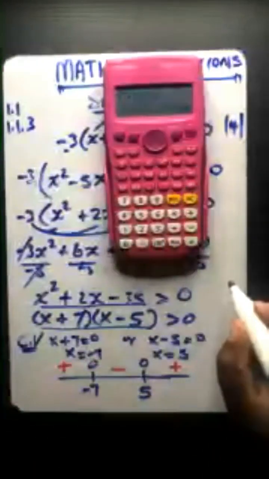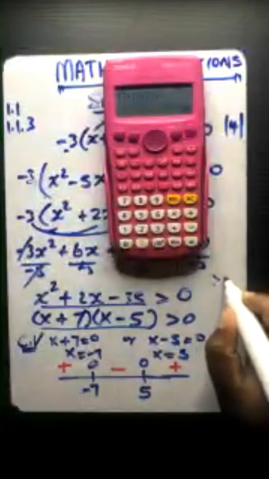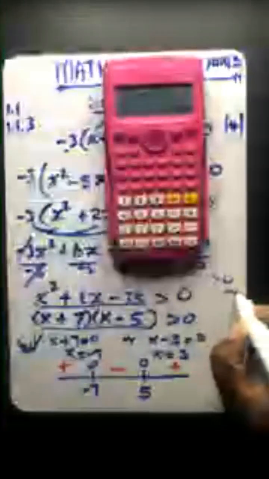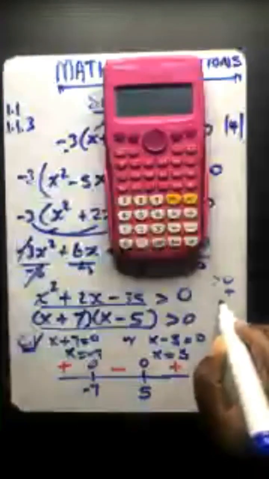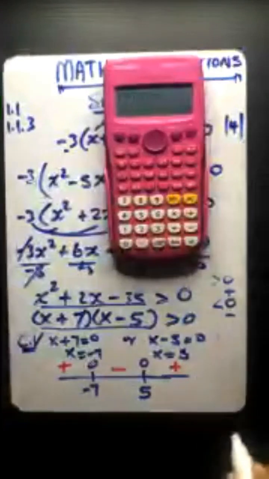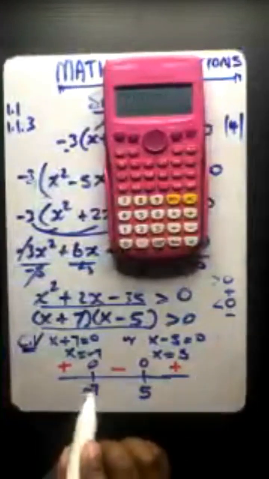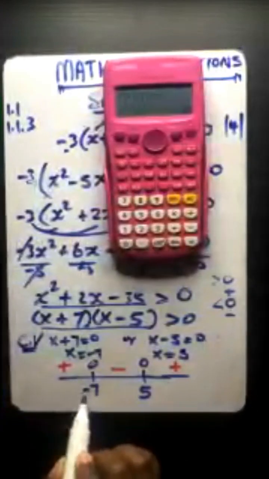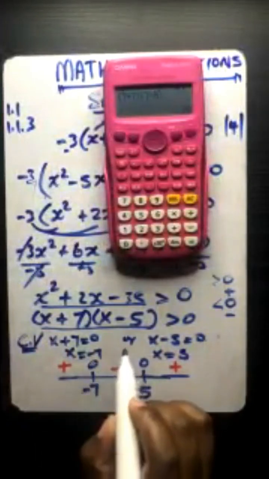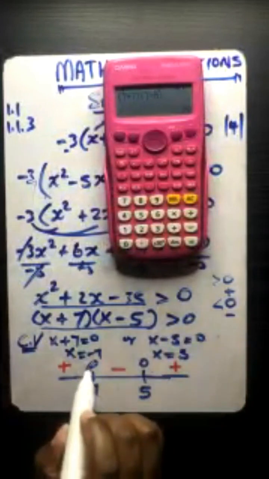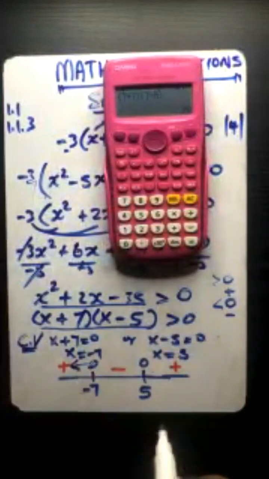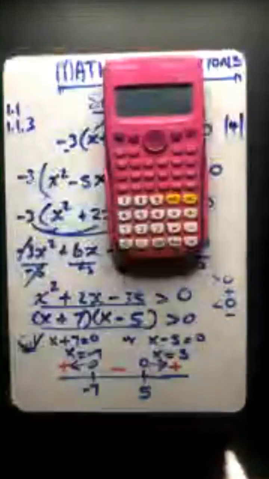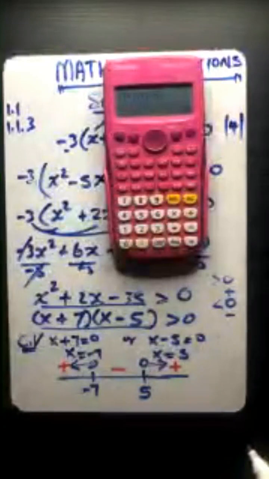Remember, any number which is greater than 0 is obviously a positive number, and any number which is less than 0 is obviously a negative number. So can you see that we actually have values being greater than 0 in that direction? Why? Because that's where we get positive values. Also, in that direction, that's where we get positive values.